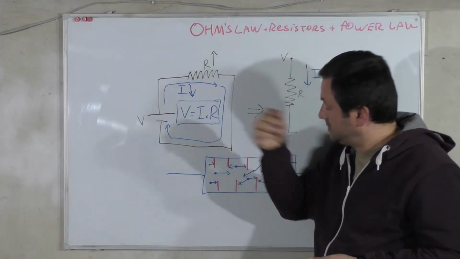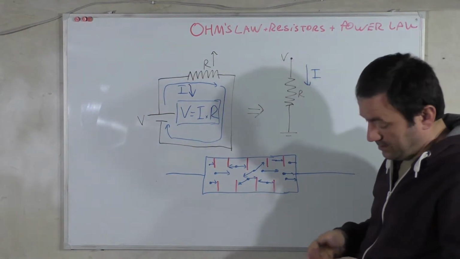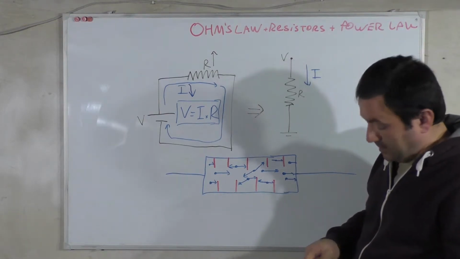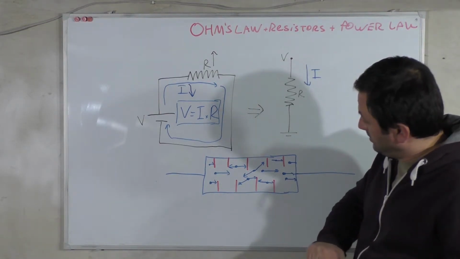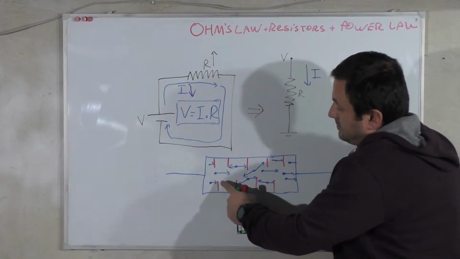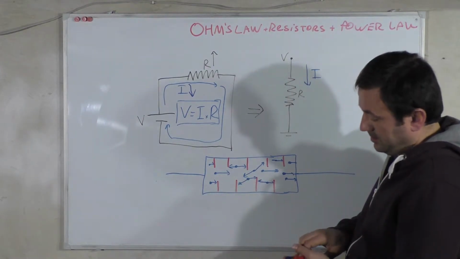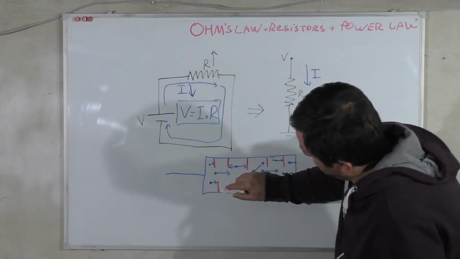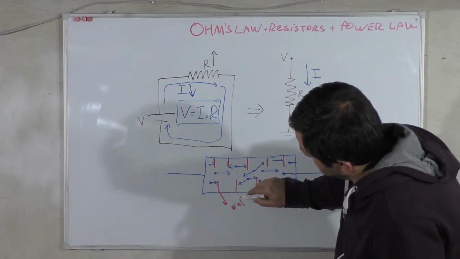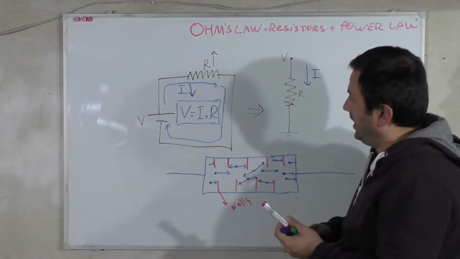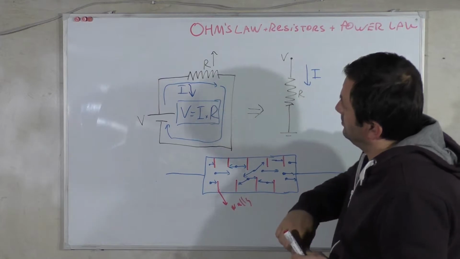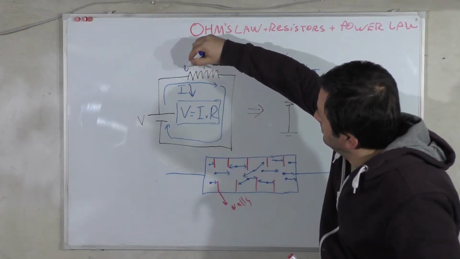So what is a resistor doing inside? If you are thinking like that, imagine that there are walls inside of resistors, and electrons want to pass through that resistor.